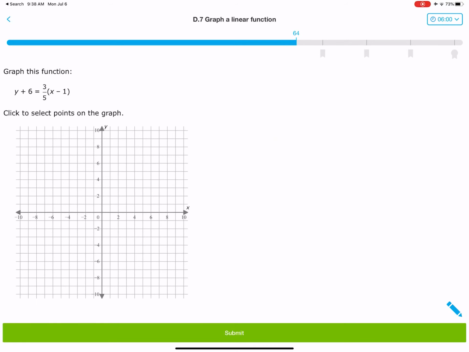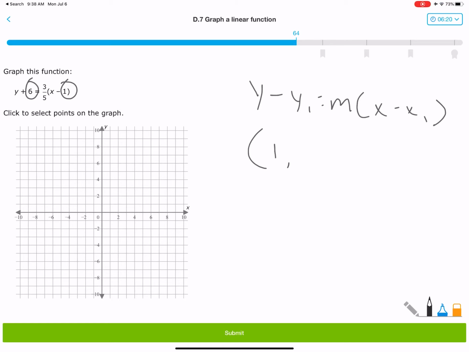Same thing over here. So we got our point slope form, y minus y1 equals m times x minus x1. Okay? So our point, our x is 1 and our y is 6, but if you notice, the original equation has a minus sign and this has a plus.